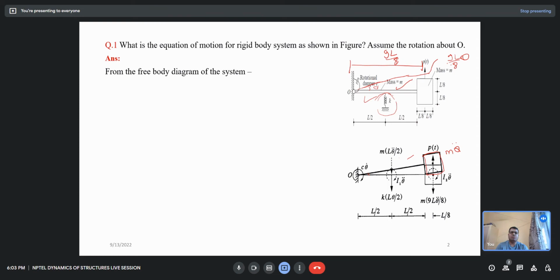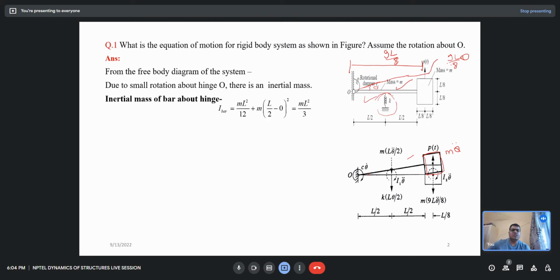So we will write the equation of motion. For this, first we calculate the rotational inertia of the rod. What will be the inertia about the hinge? About the center, if I have a rod like that, it is ml square by 12.